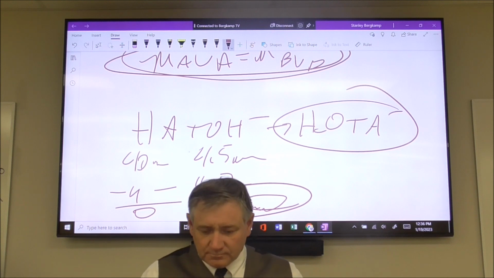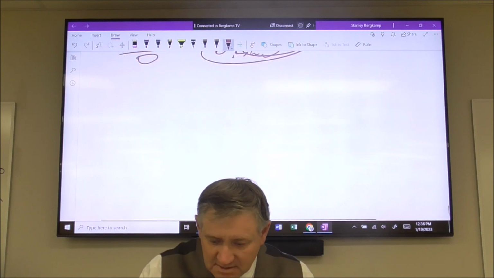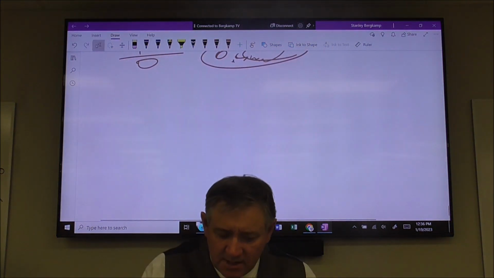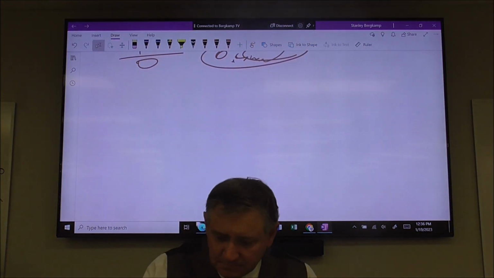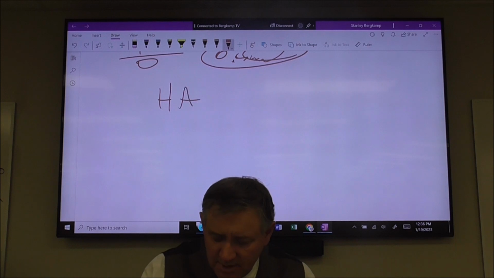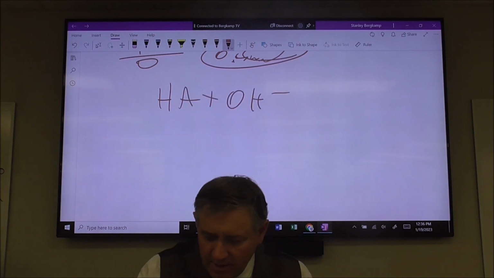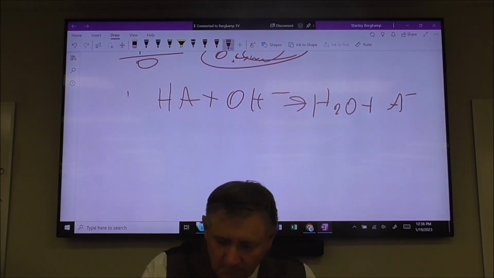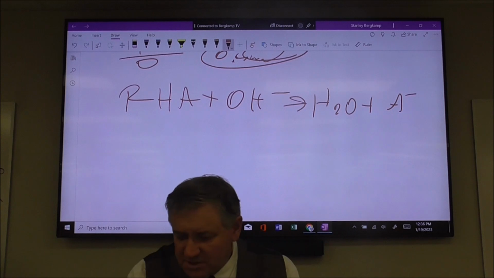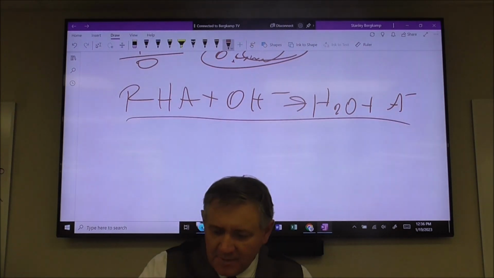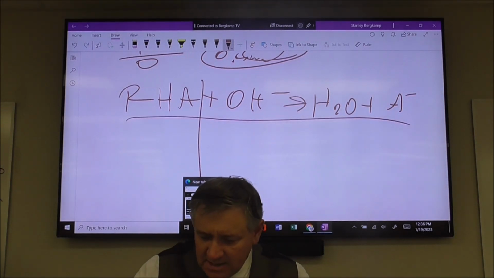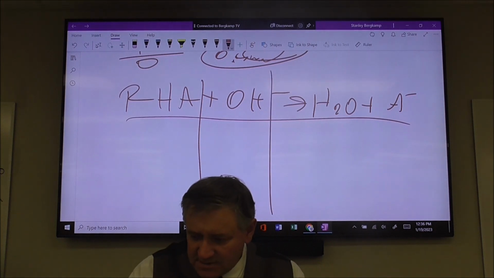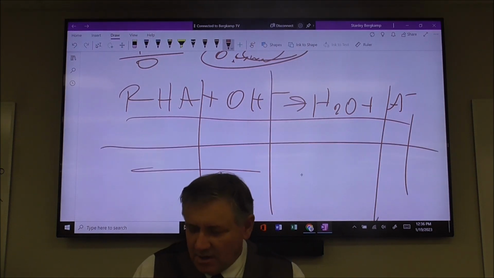Now, here's the ZAC clause. When you get past B, what you can do is write, here's my reaction, OH yielding water plus the anion. Write that at the top, and then keep track of these columns as you go down.